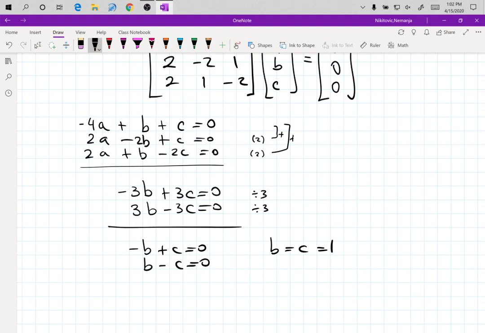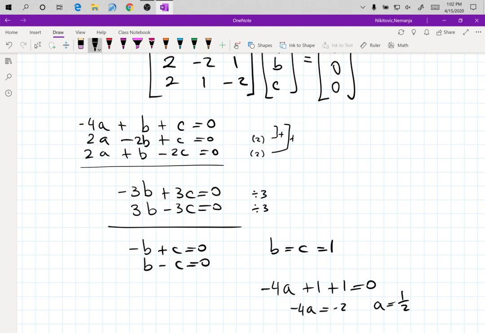And now you can bring that into one of the equations up there to calculate your a. So if b and c are 1, that's going to give you 2, so a better be a half. So -4a plus 1 is 0. -4a is -2.